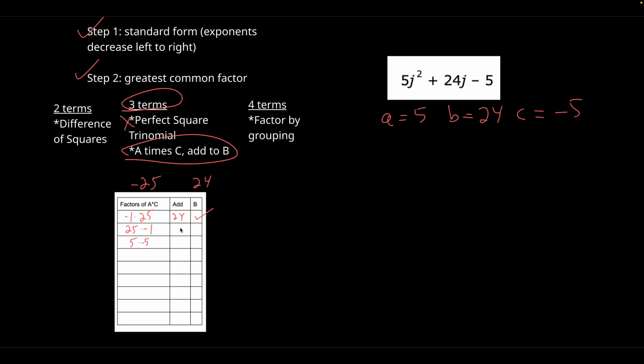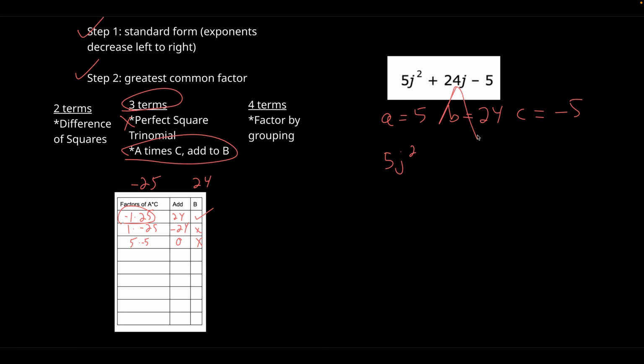That we know is the winner. The other ones, oh, I wrote the same thing twice here. This should have been 1 and negative 25, which will give me negative 24. That's wrong. This would give me 0. That is wrong.